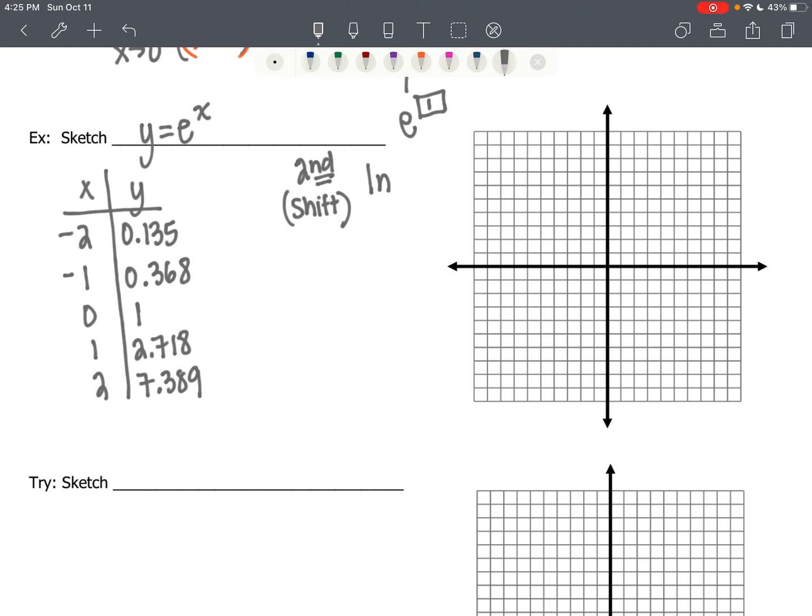So when we put a negative 2 in, we get about a tenth. When we put a negative 1 in, we get about 4/10. When we put a 0 in, we get a 1. When we put a 1 in, we get between 2 and 3, at 2.7-ish. And when we put a 2 in, we get between 7 and 8, which is 7.4-ish.